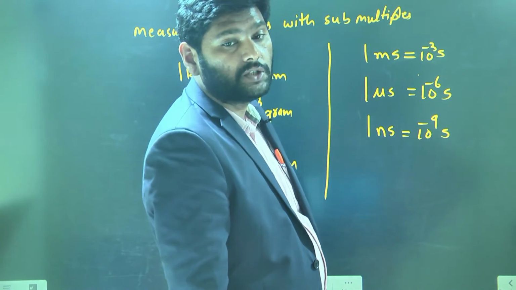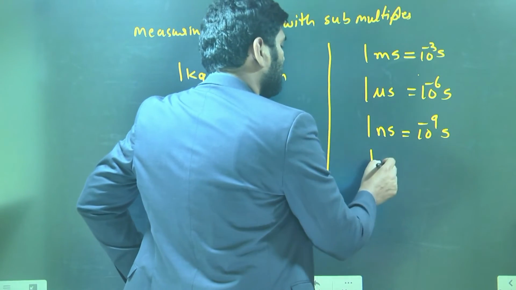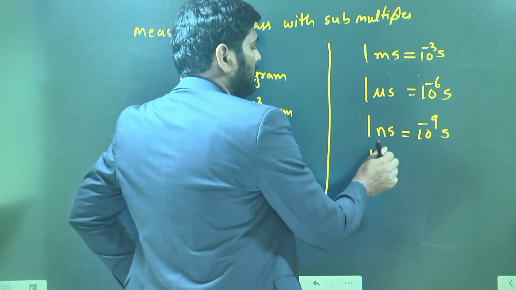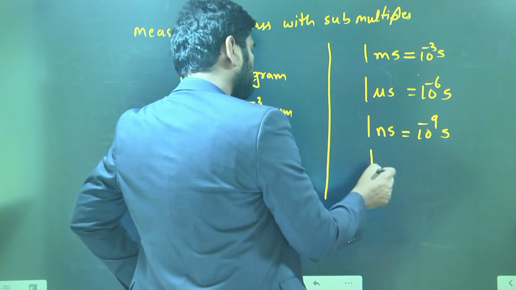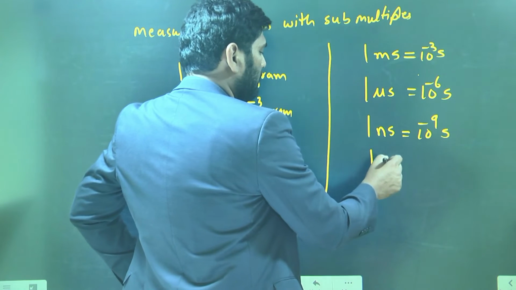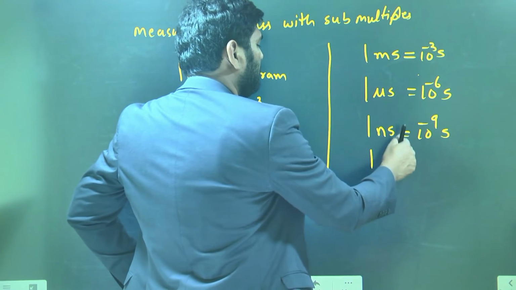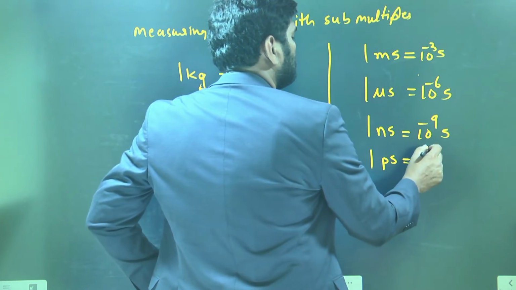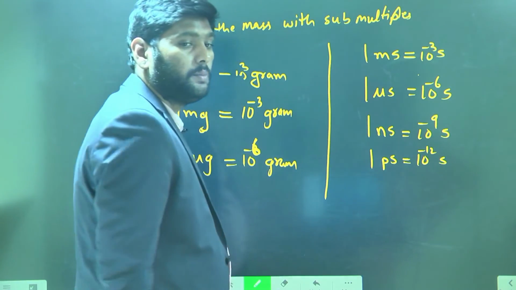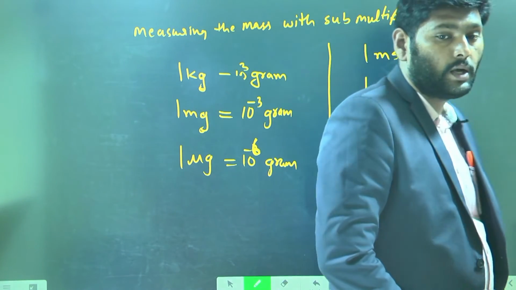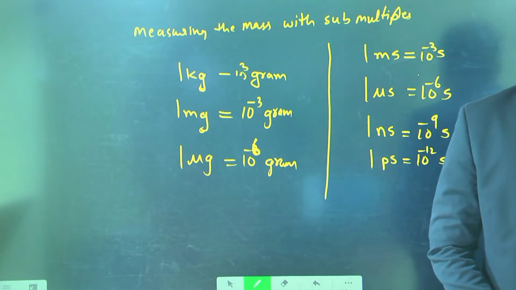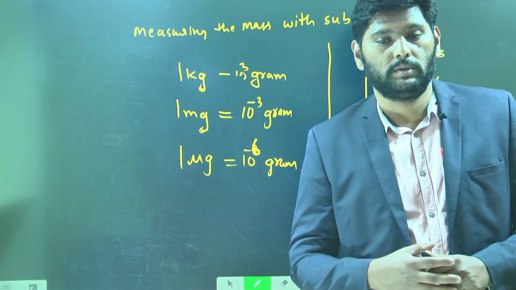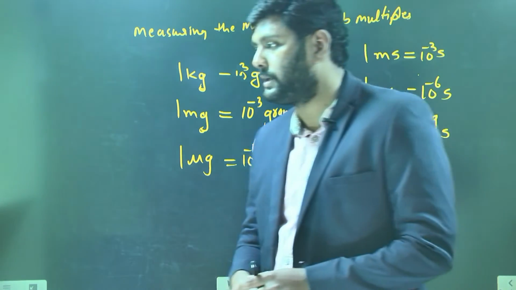And one more is pico, p second. That p second represents 10 power minus 12 seconds. This is how the submultiples and multiples will help you for measuring the mass, even for time. Understand? Let's do some problems here.